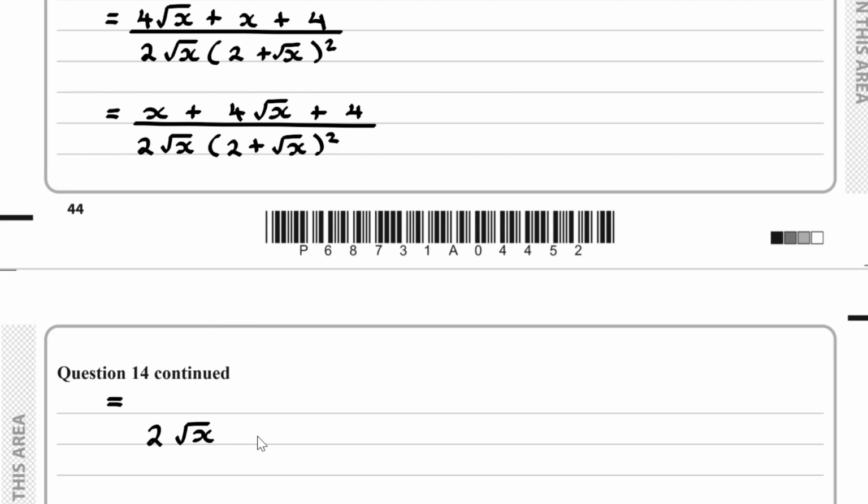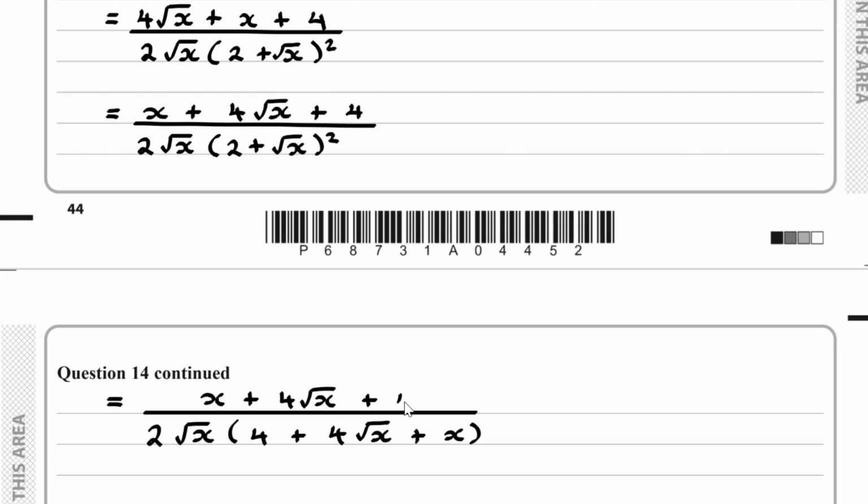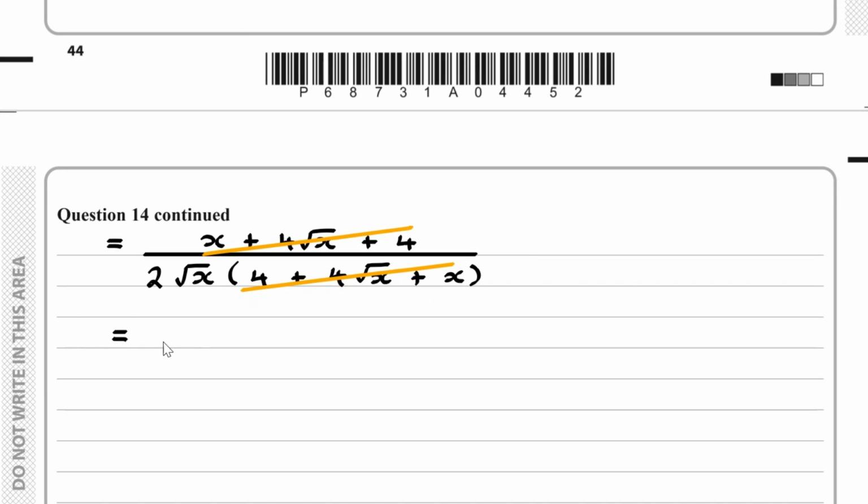Along the bottom, if we square, we would have 4 plus 4 root x plus x, and along the top we have x plus 4 square root x plus 4. This and this cancel, leaving us with 1/2 square root x. Of course, we can conclude here a is equal to 2.